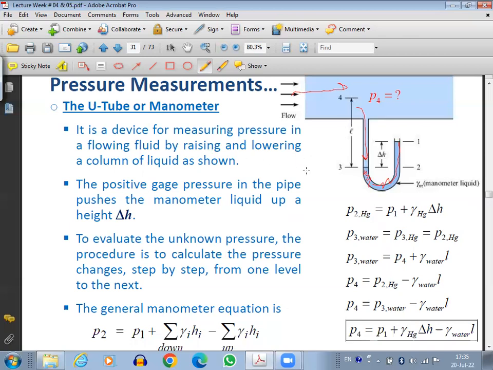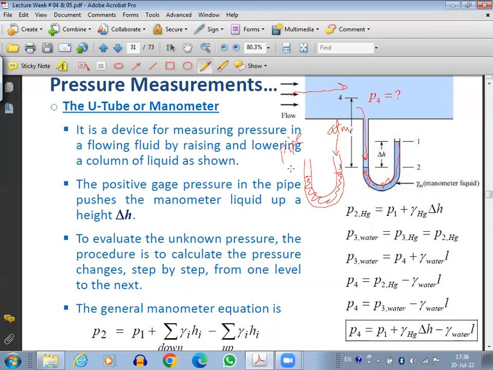Because you see here, this is a U-tube manometer, and this U-tube is filled with a specific manometer liquid, could be mercury, could be water, whatever the liquid. Now, one end is open to atmosphere. The other end is connected with the pipe.